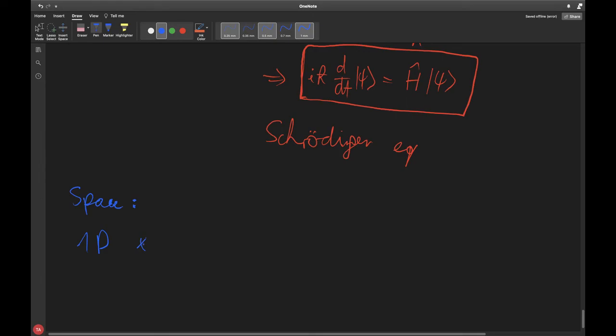So let's just define an operator that measures the position. And as you remember, we were discussing earlier in the Lagrangian that the general coordinates were described with q. So I'm going to use q to be the operator that measures the position.